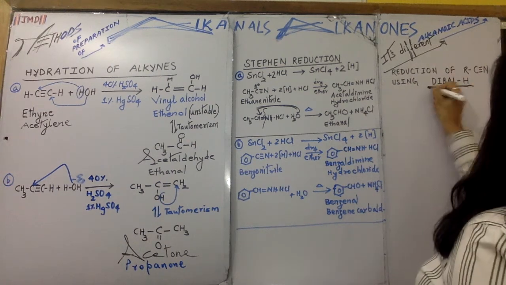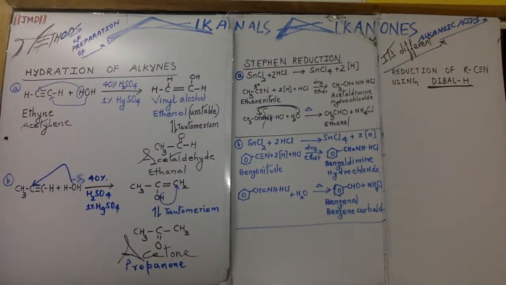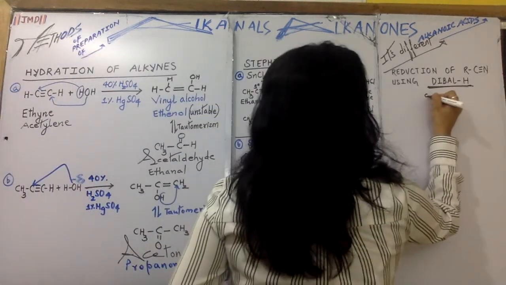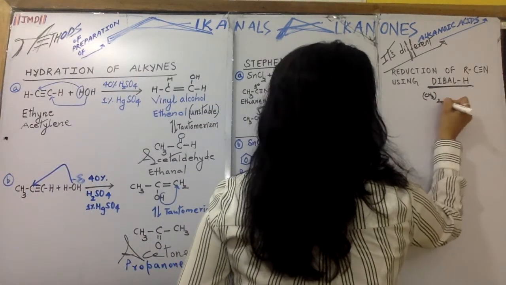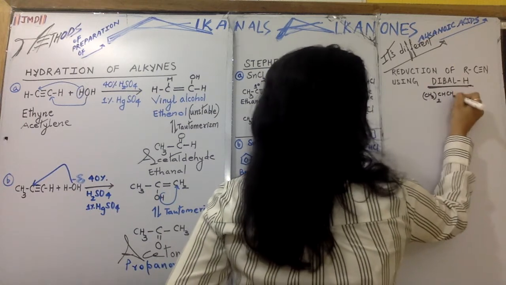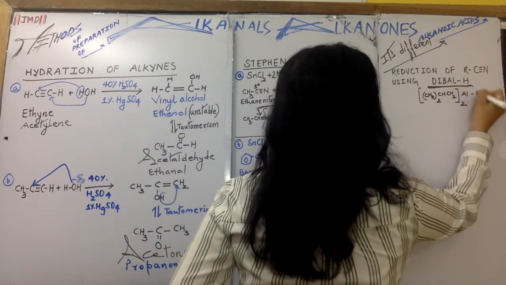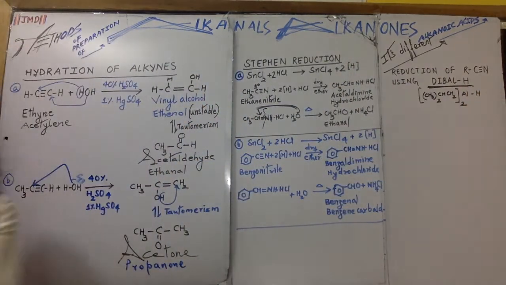DIBAL is diisobutyl aluminium hydride. डाइआइसोब्यूटाइल एल्यूमिनियम हाइड्राइड. CH3 twice CH, ये आइसोप्रोपाइल हो गया, ये आइसोब्यूटाइल हो गया. This is the formula of DIBAL. Then you can just expand and write the structure.